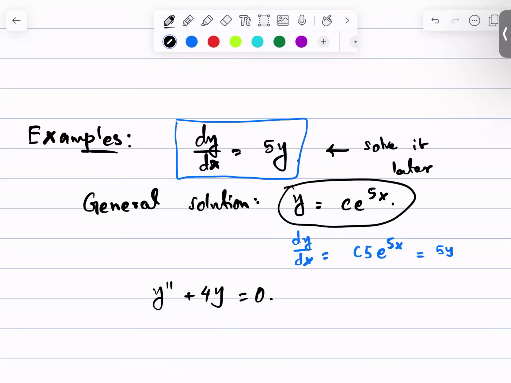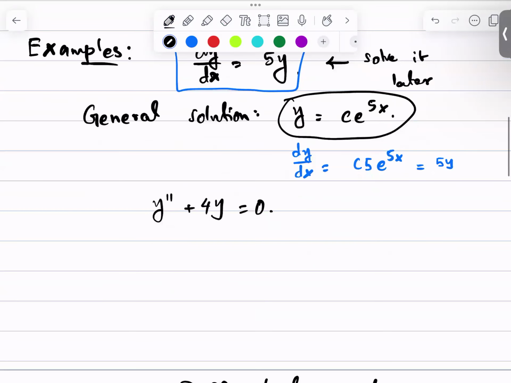Okay, cool. The other type of example can be this: y double prime plus 4y is the same as 0. This is a second order differential equation, but you will solve it in math 340.